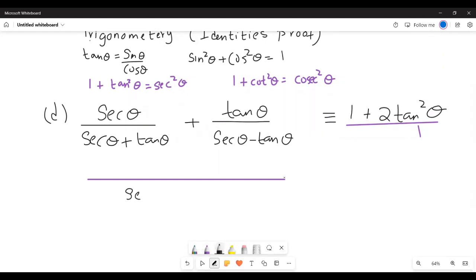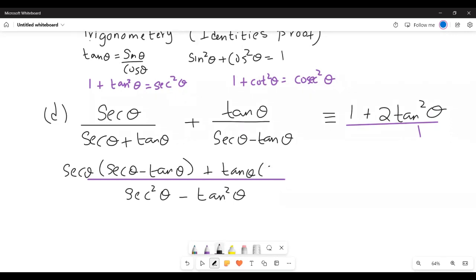So secant square theta minus tan square theta, that is the denominator. In the numerator, we will be cross multiplying. We have secant theta times secant theta minus tan theta plus tan theta times secant theta plus tan theta.